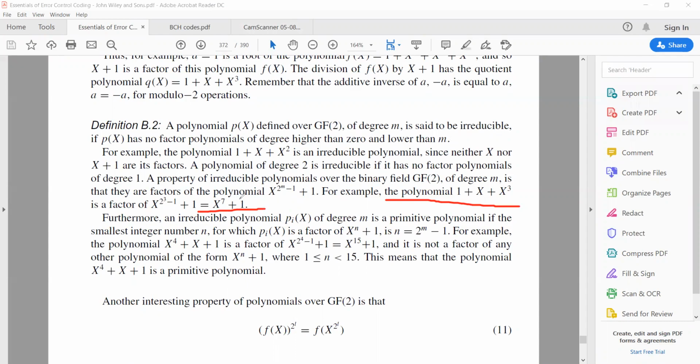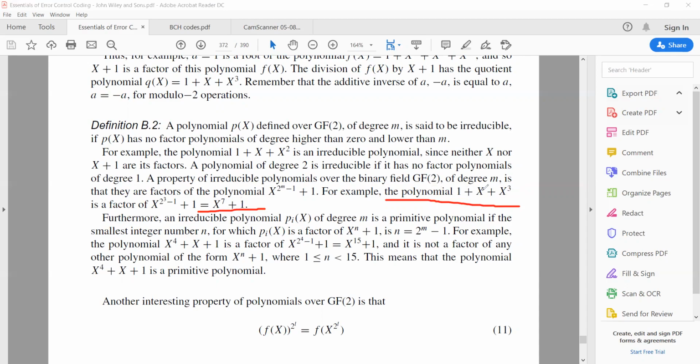So we can say that the polynomial can be generated by multiplying all of its factors, right? Because x to the power 7 plus 1 is formed by multiplying 1 plus x cubed, 1 plus x plus x cubed, and 1 plus x. So those are the factors of x to the power 7 plus 1.